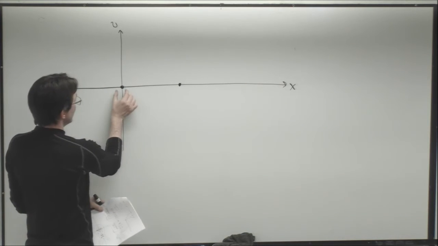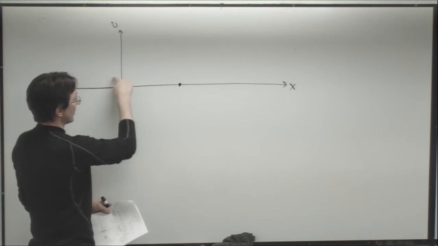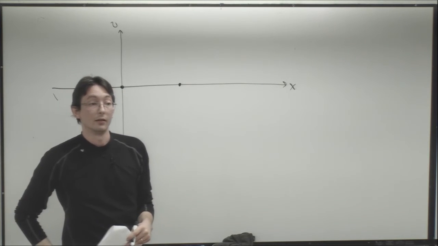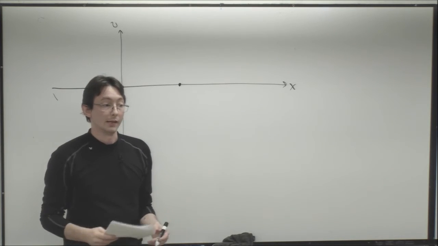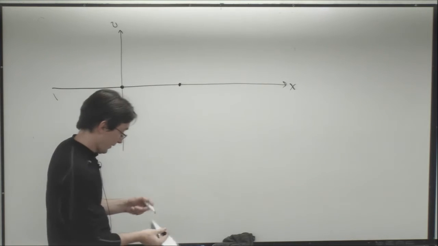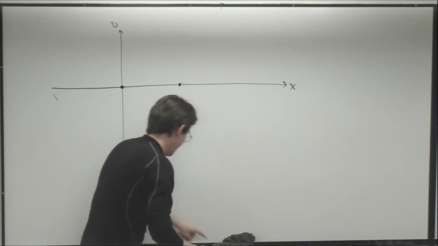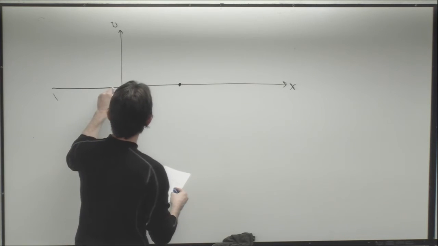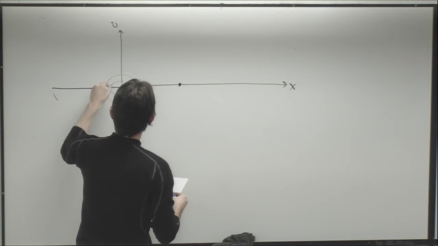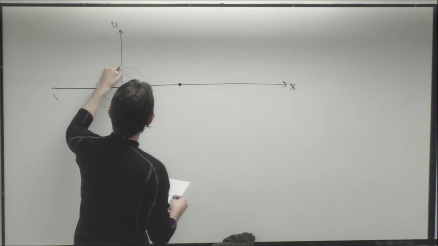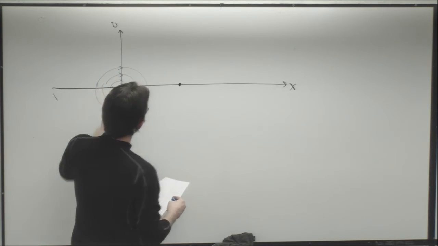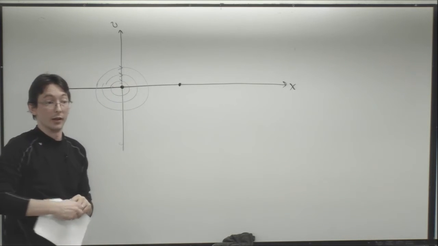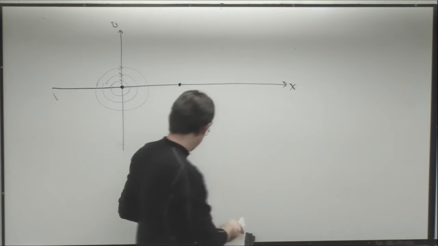So what do I know is true in a small neighborhood around the fixed point 0, 0? It's a stable center, right? Okay, so I can draw that as, I'm going to use blue for neutrally stable. Around a small vicinity of this fixed point, I'm going to have kind of neutrally stable solutions.